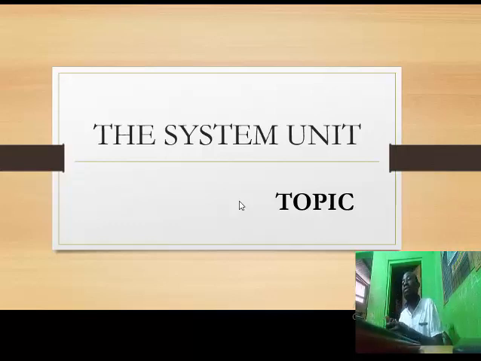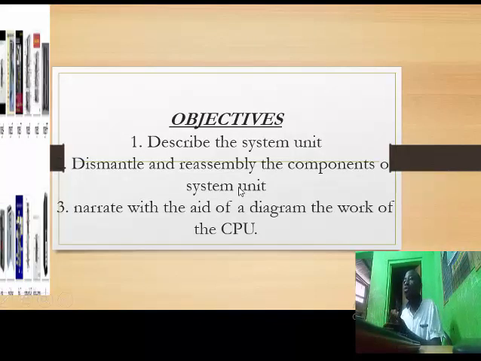Now, our main objectives. By the end of the lesson, you will be able to describe the system unit, to dismantle and reassemble the component of the system unit.